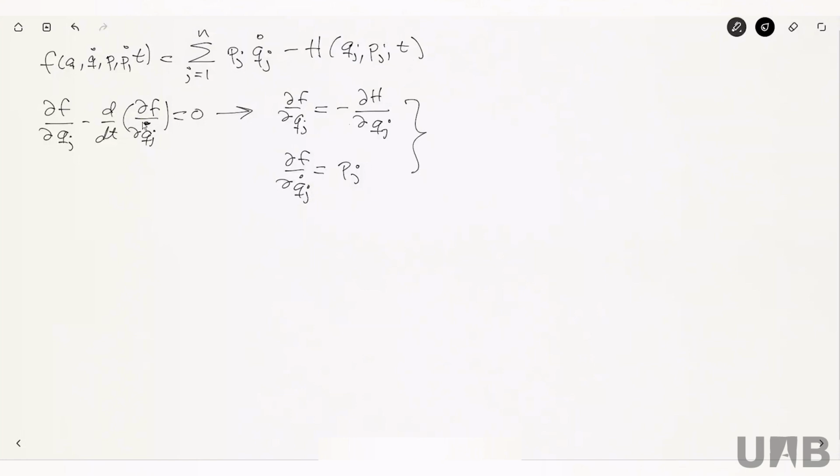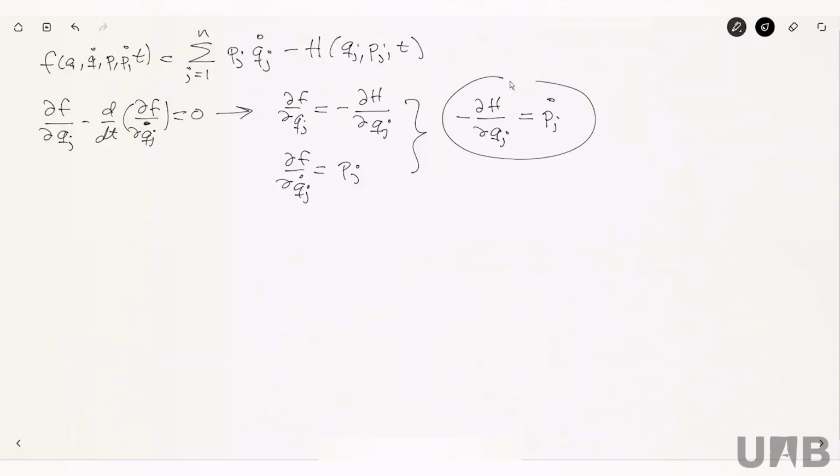So what this equation says is that minus derivative of h with respect to qj, let me pull this derivative on the right-hand side, is going to be equal to the derivative with respect to time of p. So that is p dot. Aha, so that's one of Hamilton's equations.